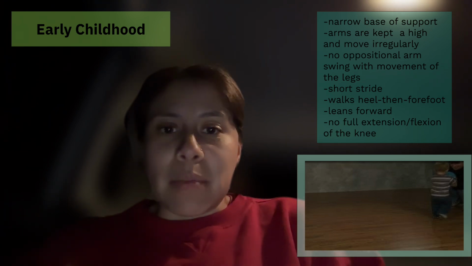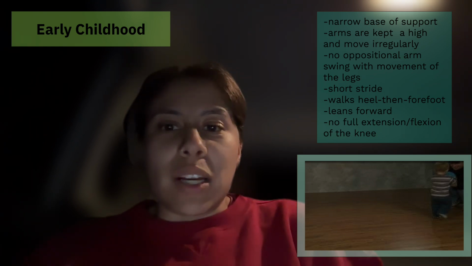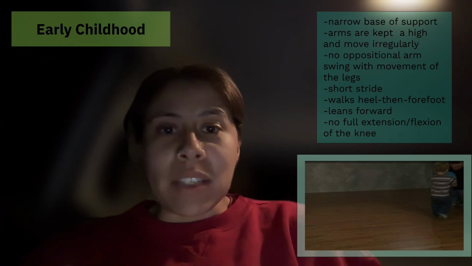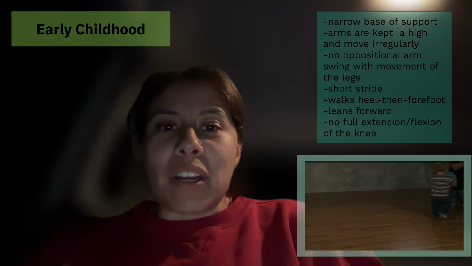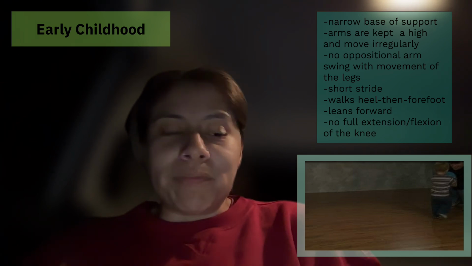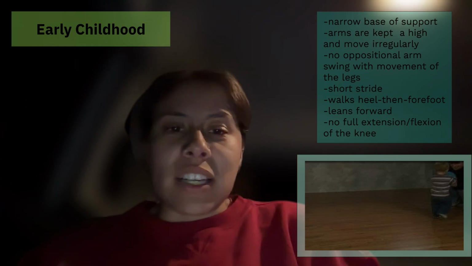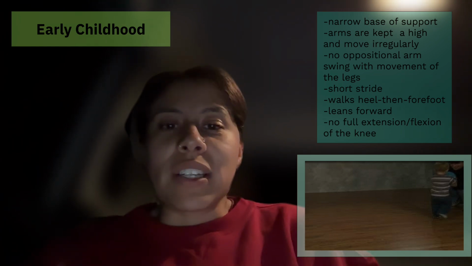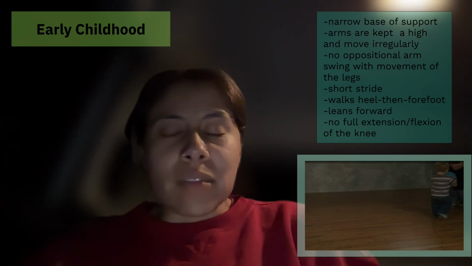The toddler does exhibit a short stride that is in conjunction with the toddler having short limbs. They also exhibit a heel then forefoot walking pattern throughout initial stance all the way through terminal stance. They do exhibit that they lean forward throughout the gait analysis as well.